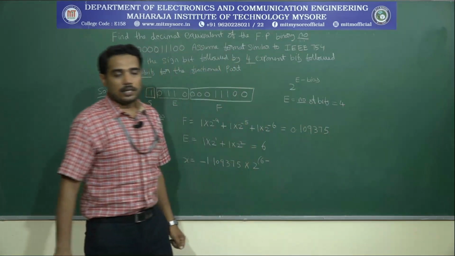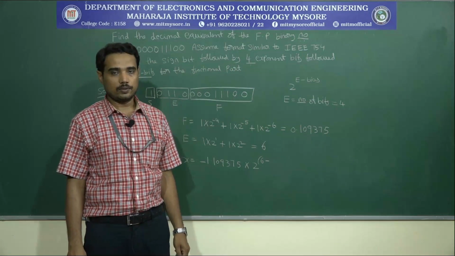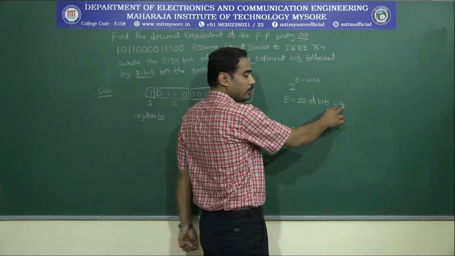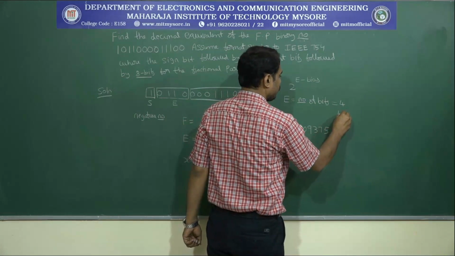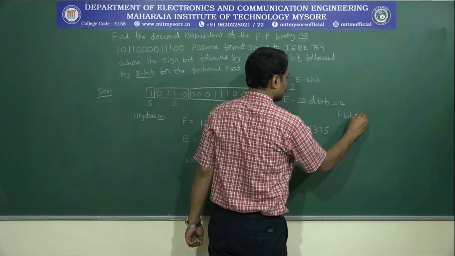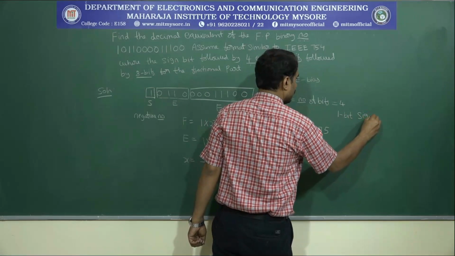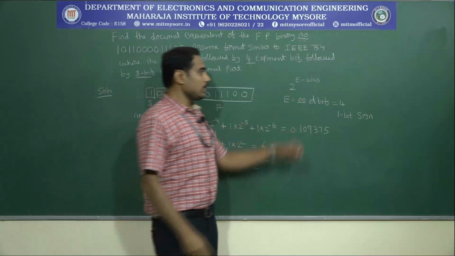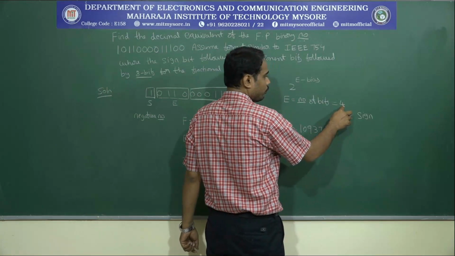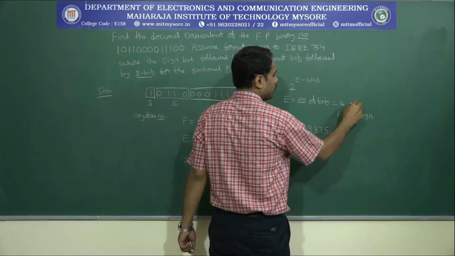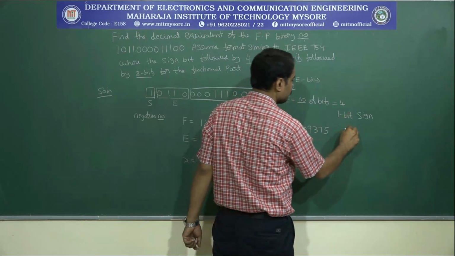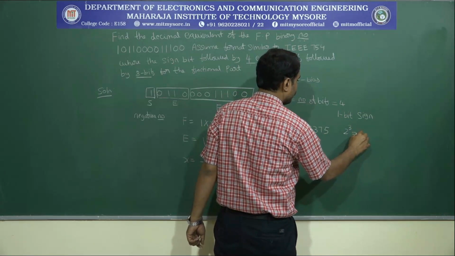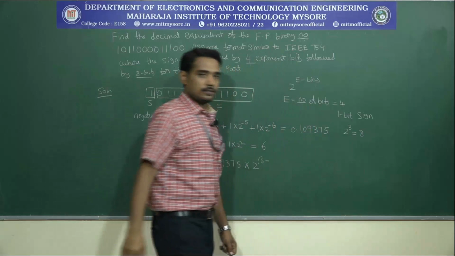In that, the largest positive value. Out of 4 bits, we already know that 1 bit is reserved for sign and the rest of the 3 bits for magnitude. If that is the case, out of 4, if I take 1, I am left with 3, 2 power 3, and that is equal to 8.